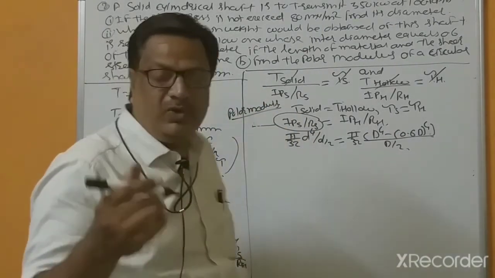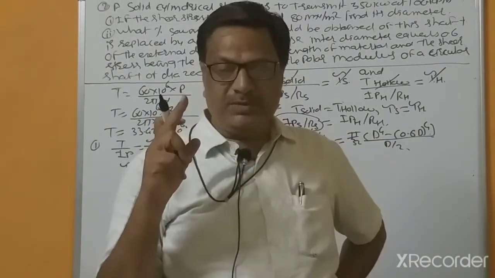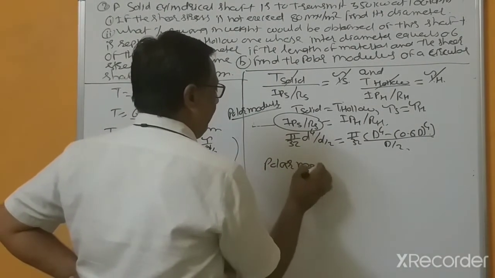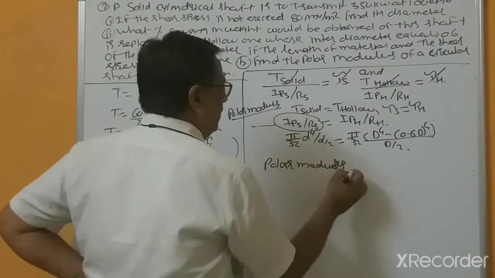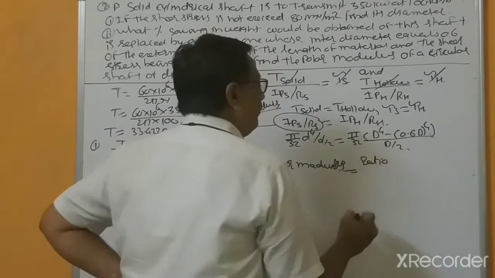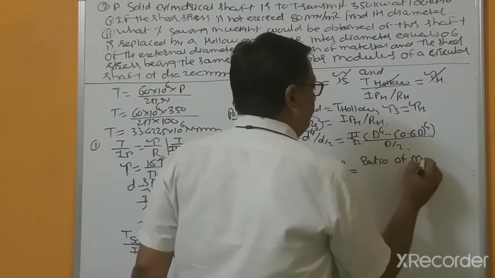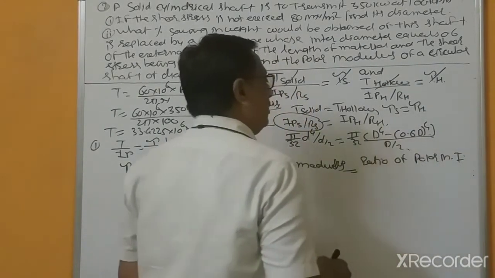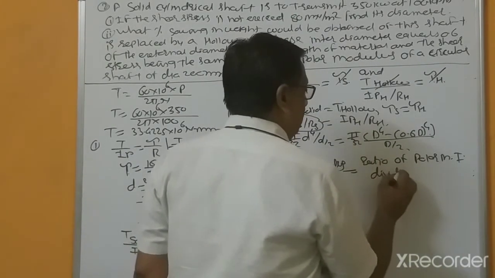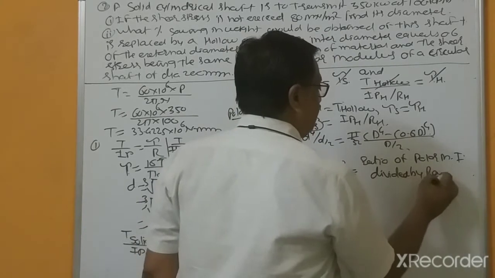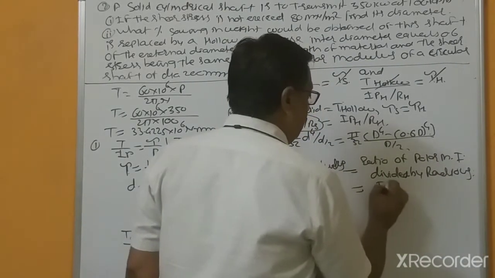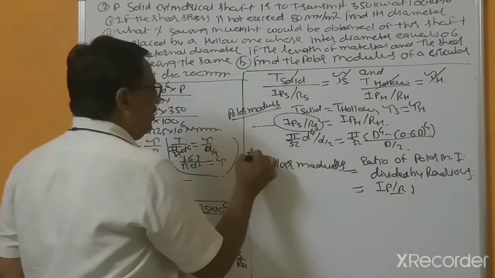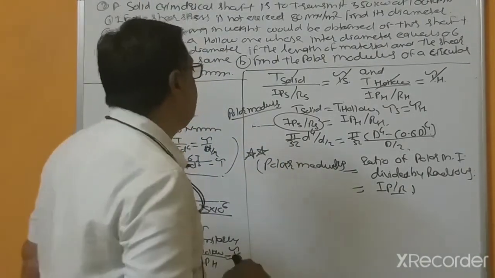Please remember this formula: polar modulus is the ratio of polar moment of inertia divided by radius, IP divided by R. This is very important for multiple choice questions.